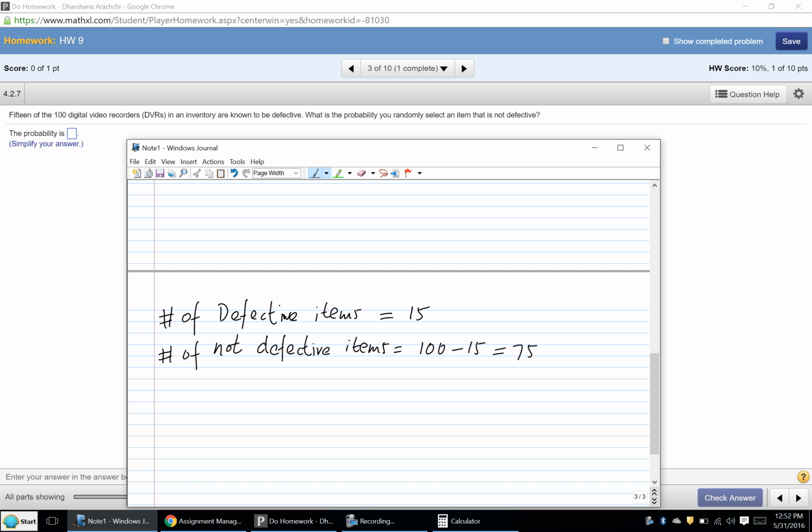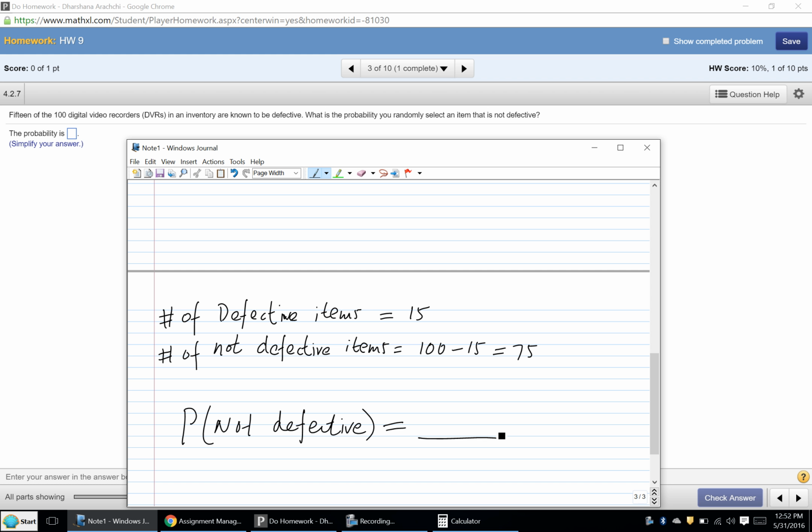Okay, right, now if you select one of them randomly, what is the probability of that selected one happens to be not defective? Now remember, you are selecting one from 100 items, right? 100 DVRs. So the probability that the selected one is not defective, first you need to look at the sample space.